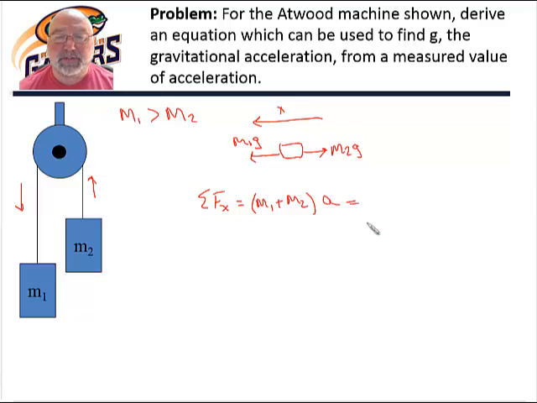And that is equal to the sum of the forces acting on the system from our free body diagram. In the positive x direction, there's m1g minus the force acting in the negative direction, m2g. And let's go ahead and solve for the acceleration.